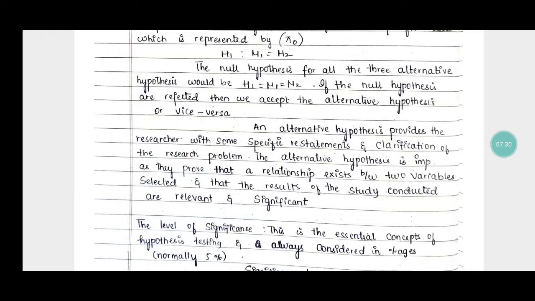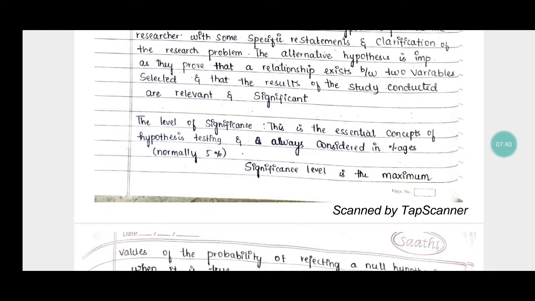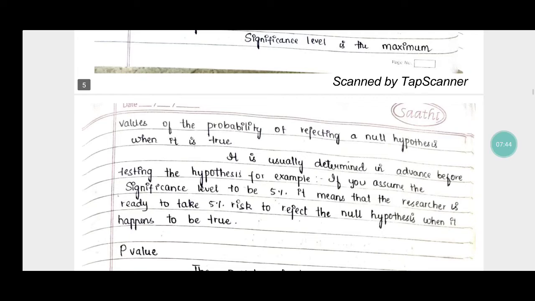So the level of significance is an essential concept for hypothesis testing and is considered in percentages, normally 5%. The significance level is the maximum value of the probability of rejecting a null hypothesis when it is true.